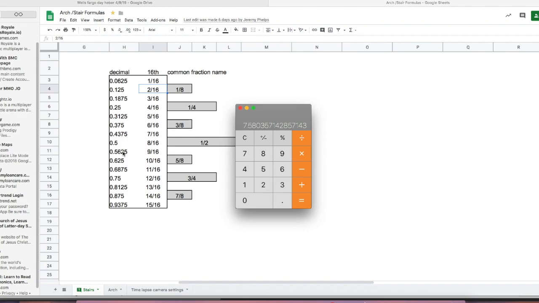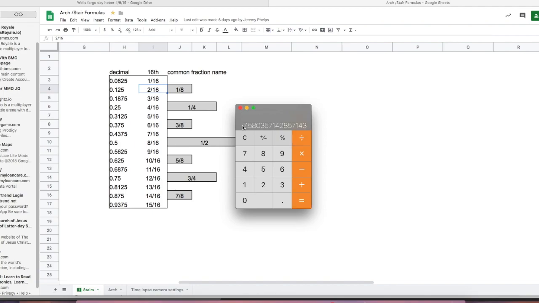Remember, we're only needing to be as accurate as a 16th, but not any less accurate. If you think about having an error of 1/16 for all of the stairs, we have almost 16 stairs, so we would be almost an inch off of our measurement at the end.